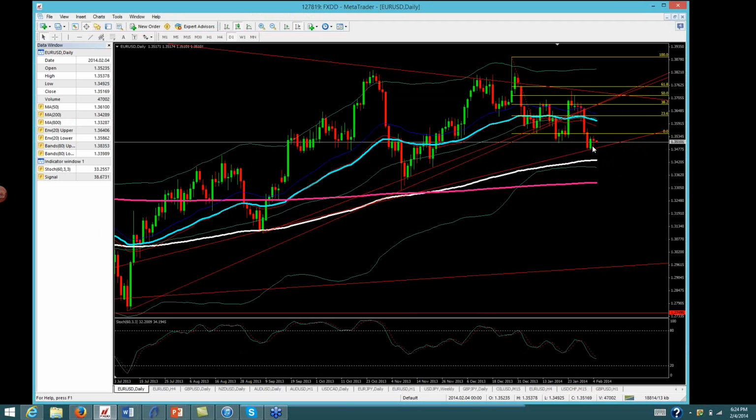So it's something that can happen on a day like this as well. Really, the bias was mostly buy because of this trend line that we have underneath. Now, look, this trend line is giving us a solid support area at 134.85, and we're really at 135.10.